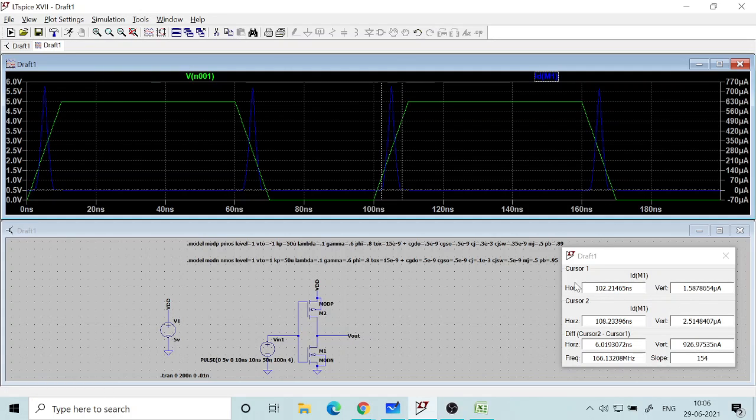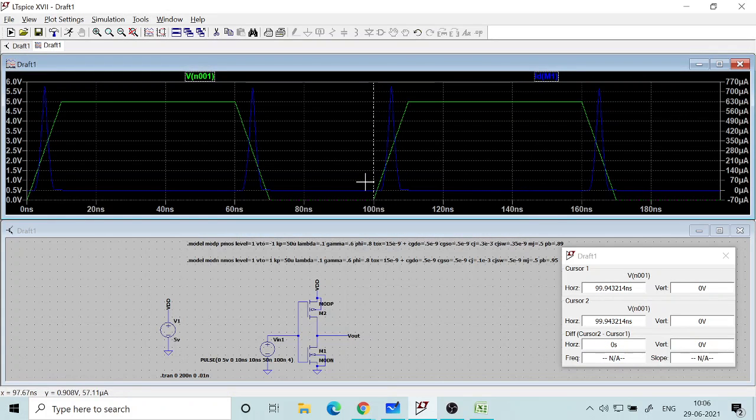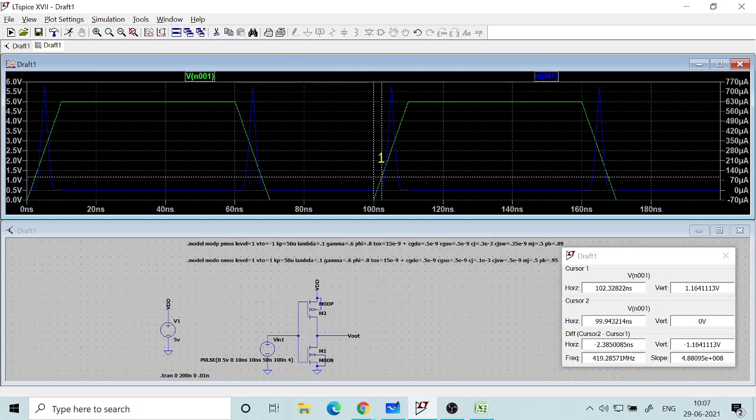That's the time when, if you look at that cursor intersecting the input waveform, it is getting intersected at a vertical point corresponding to 1 volt. To see that, we have to bring in the cursor for this. So the point where current is starting corresponds to a voltage equal to 1 volt.